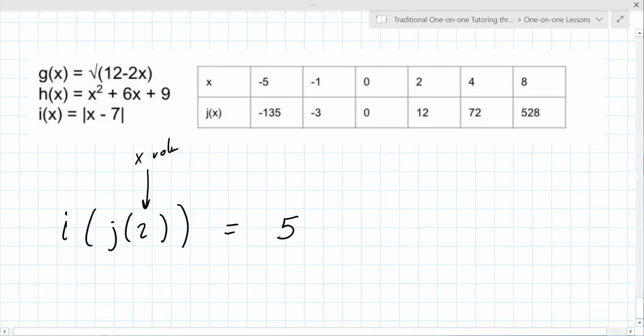Let's do another one here. Let's do G of H of -3. Sorry, just gonna make sure these values work.